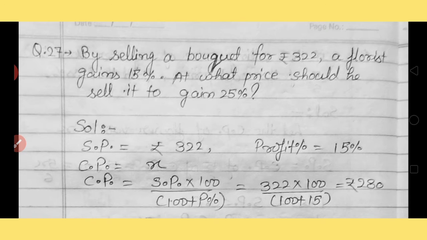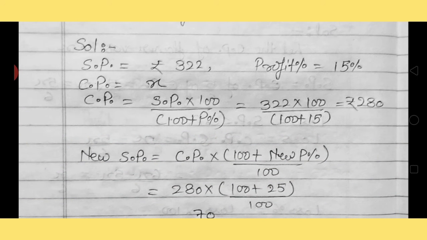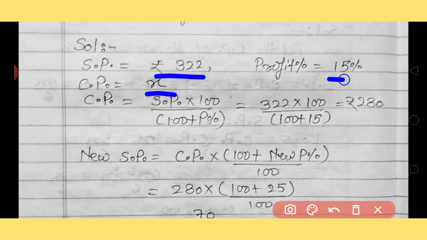So for that, firstly we have to find out the CP. We don't know the CP, so we will find out the CP here. SP is given as 322 and the profit is given as 15%.